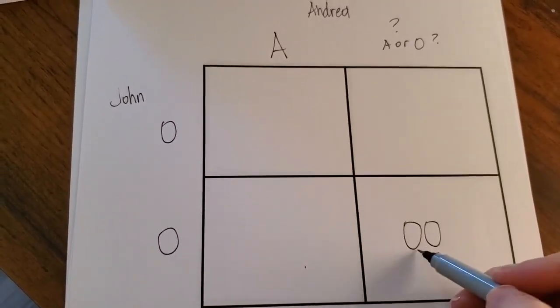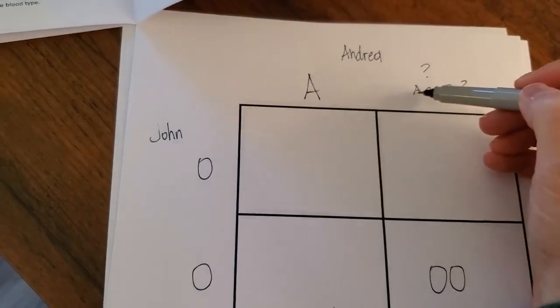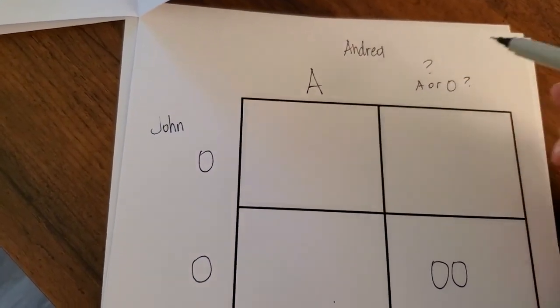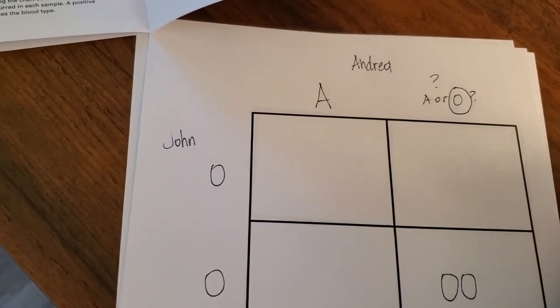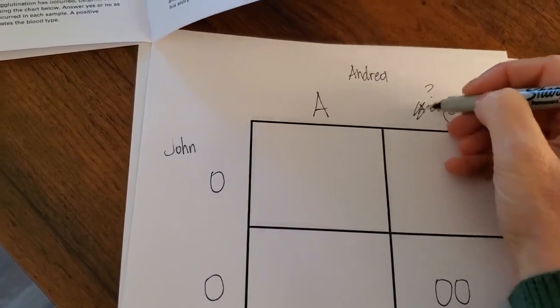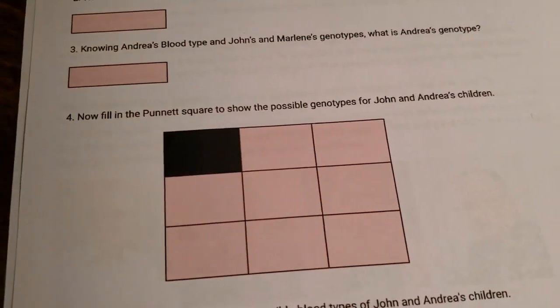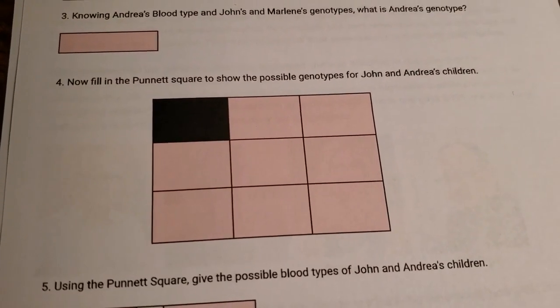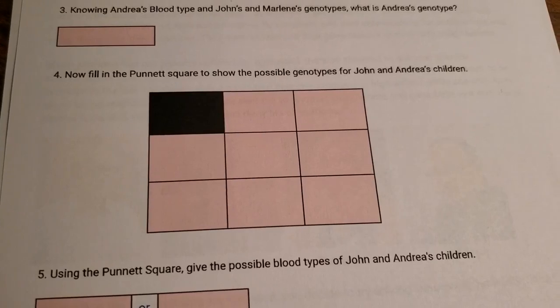So if Marlene is OO, what does Andrea have to be? What letter has to be here in order to make this possible? It has to be O. So Andrea is AO. The next thing you need to do is fill in the Punnett square to show the possible genotypes for Andrea's children.